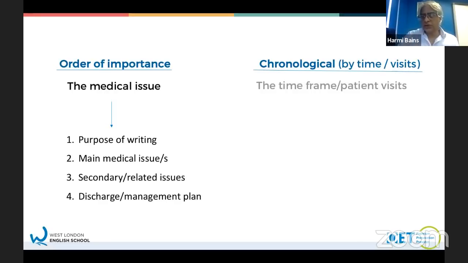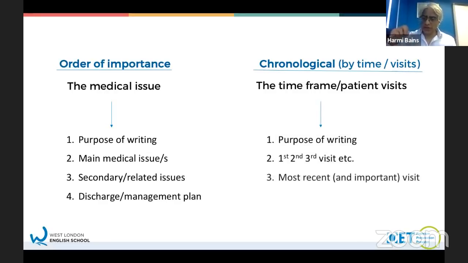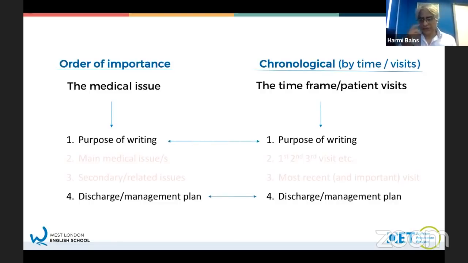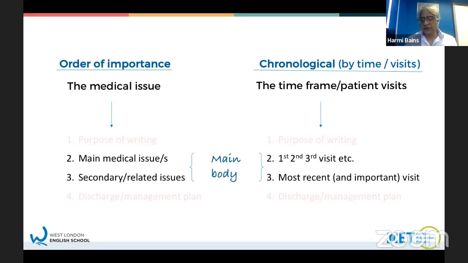With chronological structure, you're just going visit by visit and going backwards, and you finish with the most recent visit. You'll notice in both structures, the opening and the closing paragraphs are the same. And you'll notice the difference is with the main body of the letter. That's really where the main differences are.